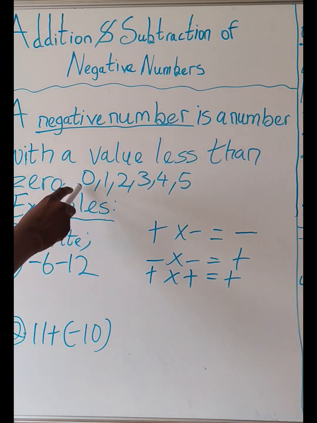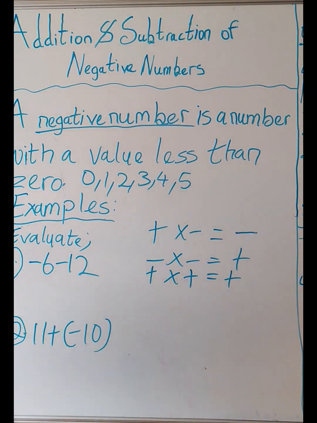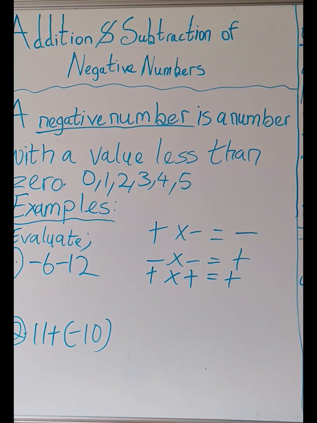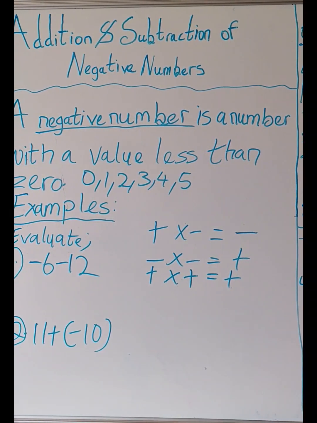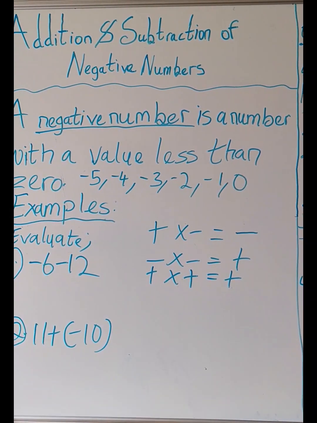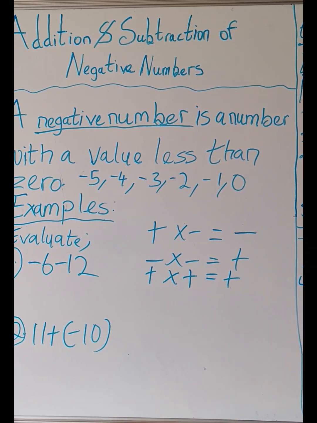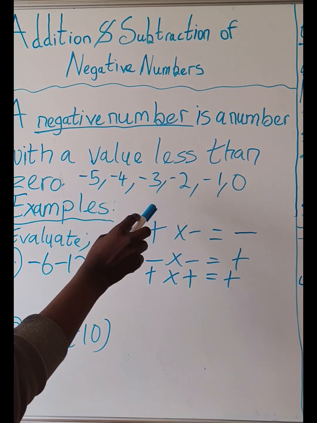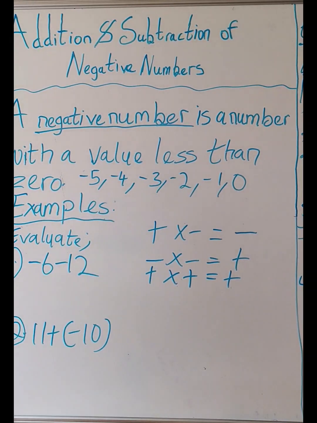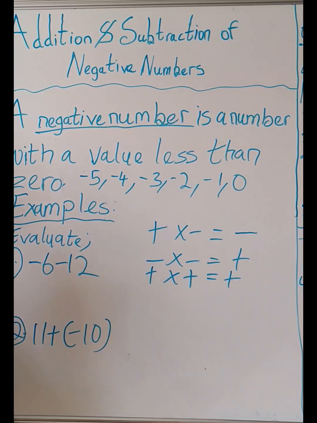Those are positive numbers. If I were to be talking about negative numbers, these are negative numbers. Their value is less than 0. So 1, 2, 3, 4, 5, their value is higher than 0, but minus 5, minus 4, those are negative numbers and their value is always less than 0.